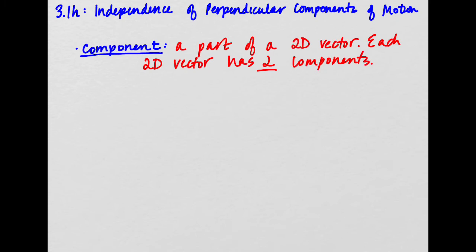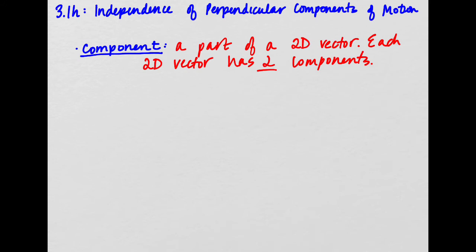Remember there was our definition of a component. It's a part of a 2D vector, meaning that it's going in a direction other than north, south, east, west, left, right, up, down.